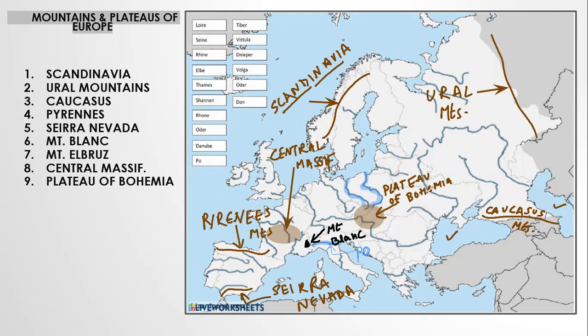Similarly, we have to mark Elbrus Mountain. Elbrus Mountain is situated in the Caucasus Mountain range, and we have already seen the Caucasus Mountain is here. So it is right at the top of the Caucasus Mountain over here. So this is Mount Elbrus.